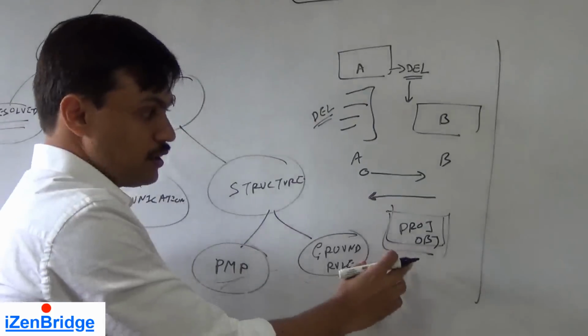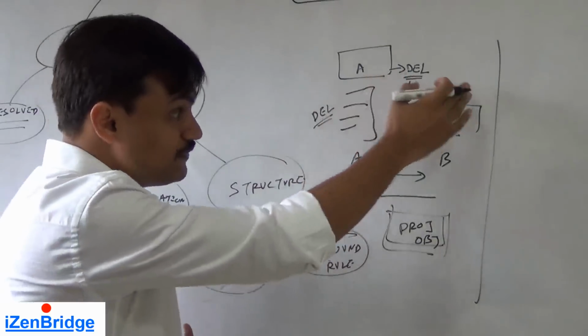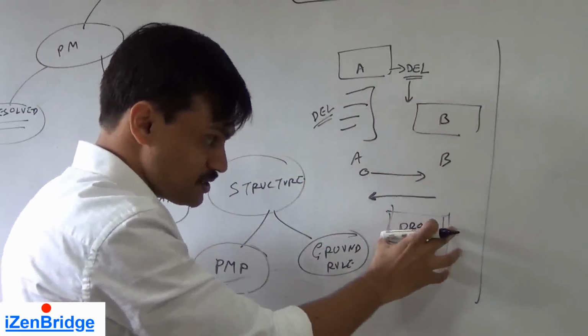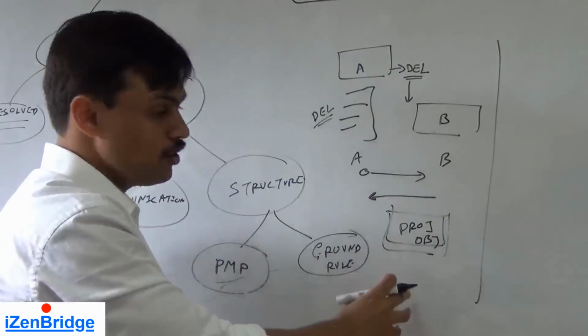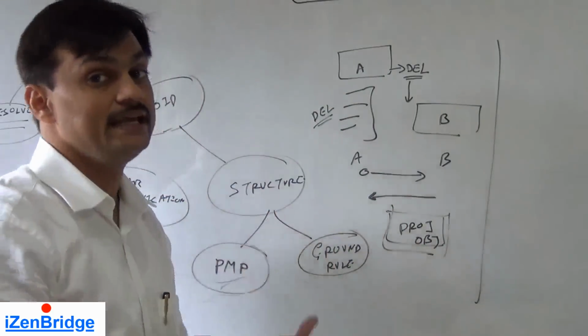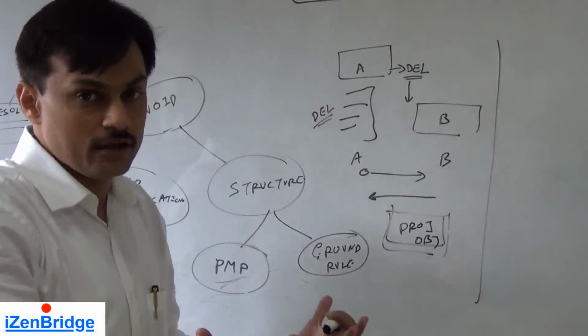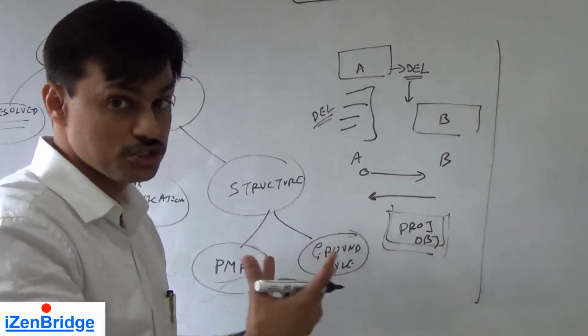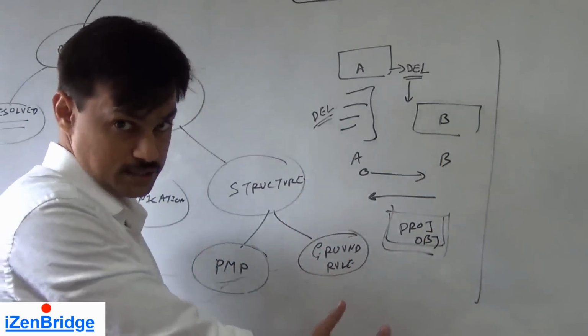Even if team A gets impacted by delivering this early, if this helps in achieving the project objective, they select the option which helps us get the project done faster. So it's like a problem solving technique where both teams are understanding each other's problem. They are also looking at the project goal and taking the final decisions.